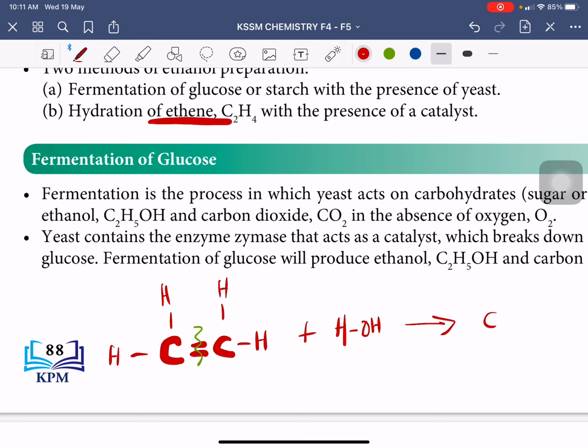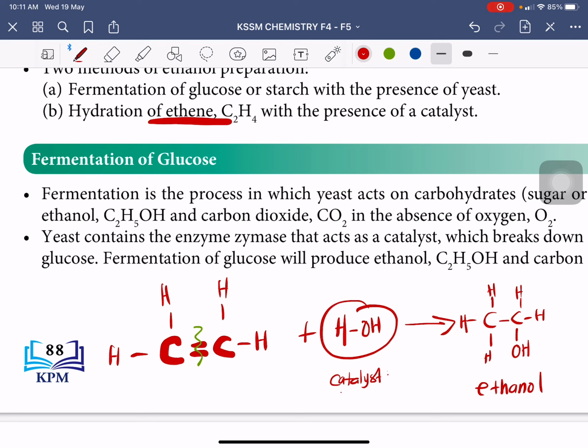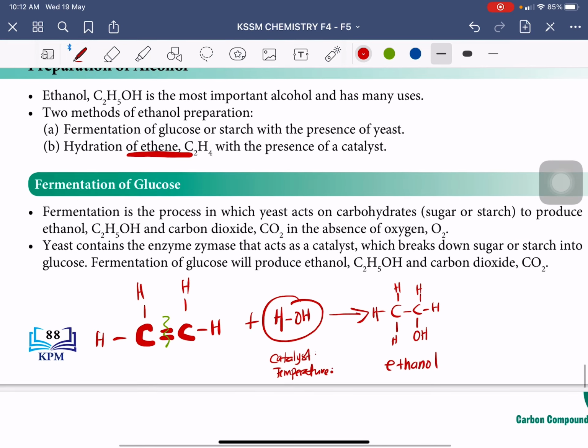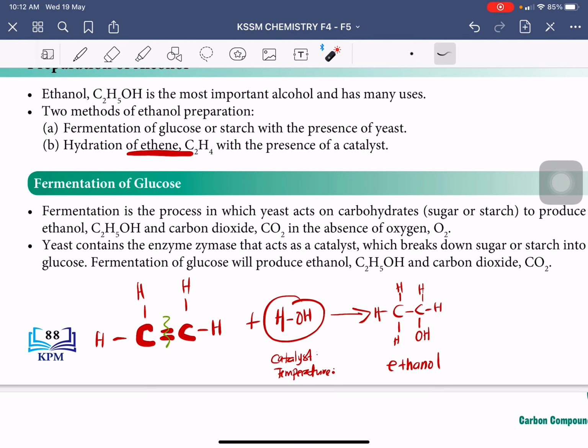Then you draw the atoms again, and you add H and also the OH. So here we get ethanol. If you still remember, we have a catalyst here, with a specific temperature that we have to use. So that is the second way to prepare ethanol. 1, fermentation. 2, hydration of ethene with the presence of catalyst.